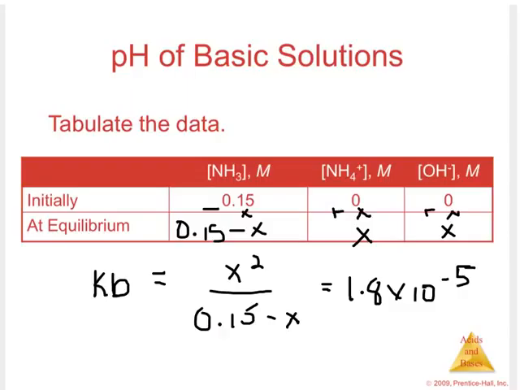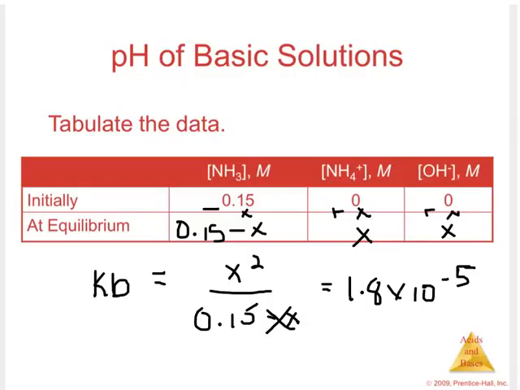Now, since our value for Kb is so small, we can make the assumption that in terms of sig figs, there's not going to be that much dissociation going on. And so this minus x value is going to be relatively small. And so if the percent ionization ends up being less than 10%, then we can go on the assumption of getting rid of this minus x and just solving for x that way.